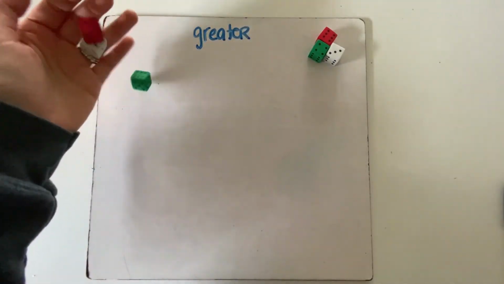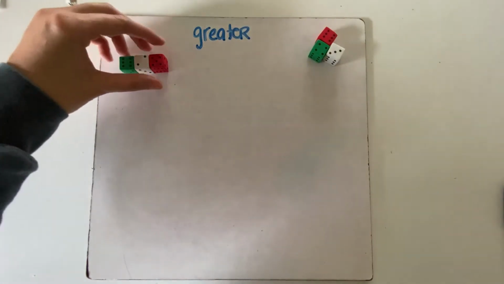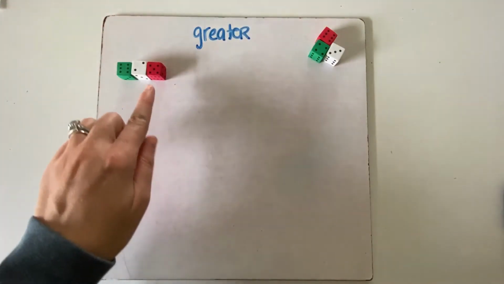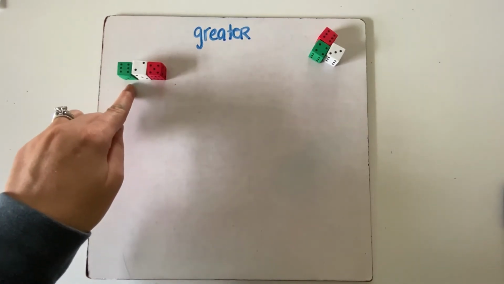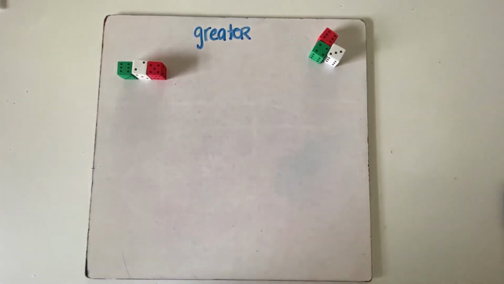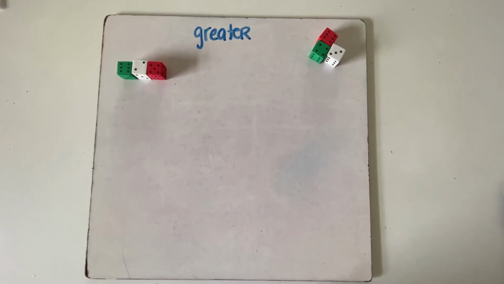Player 1 will roll 3 dice and then line them up just the way that they fell. So in this case, we have a 5 in the ones, a 2 in the tens, and a 6 in the hundreds. This could be a situation where the student can modify if need be. If they would like to draw the pictures out so it's easier to compare, they are more than welcome to.